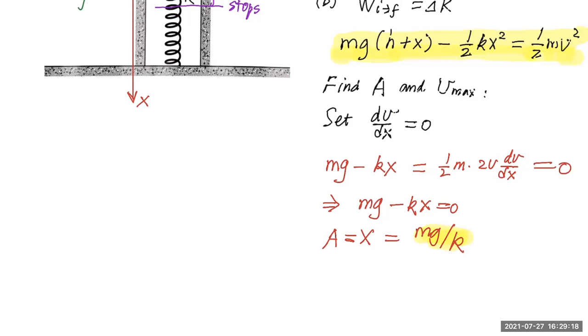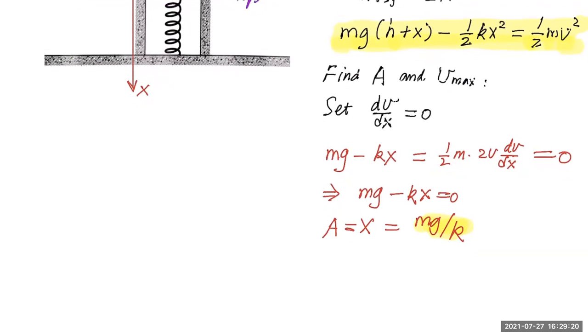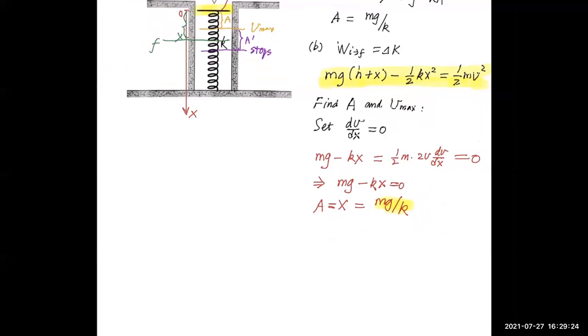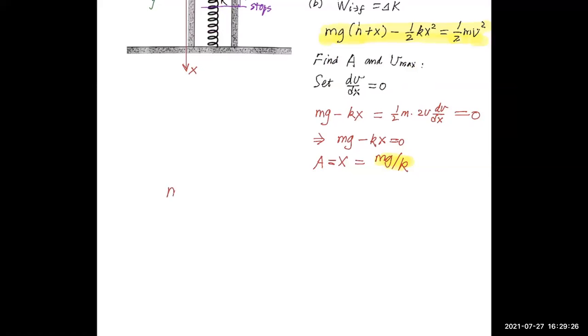So then I have mg(h plus x), x is mg over k, and then minus 1/2 kx squared, x again is mg over k, you square that.